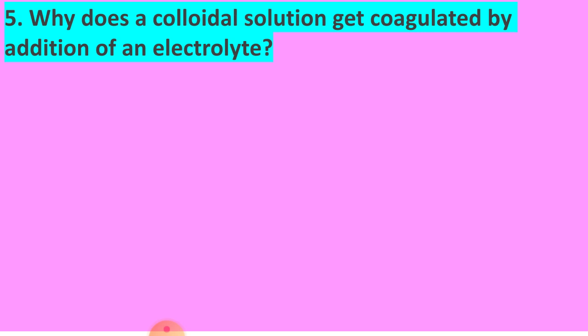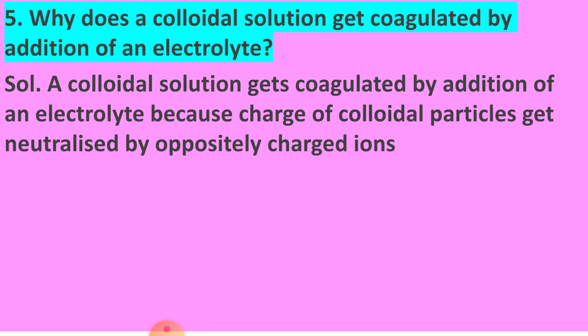Now fifth question: why does a colloidal solution get coagulated by the addition of an electrolyte? Again here, a colloidal solution gets coagulated by adding an electrolyte because the charge on the colloidal particles gets neutralized by the oppositely charged ion. So that's why the coagulation of the colloidal solution takes place.